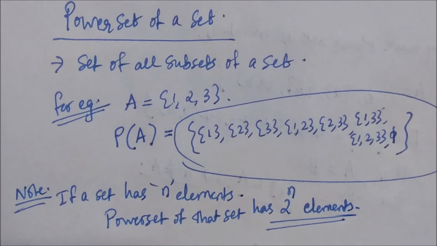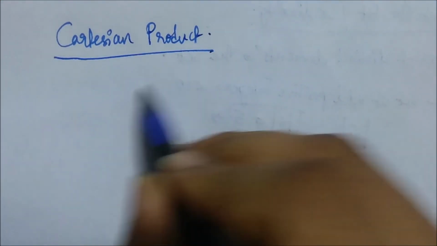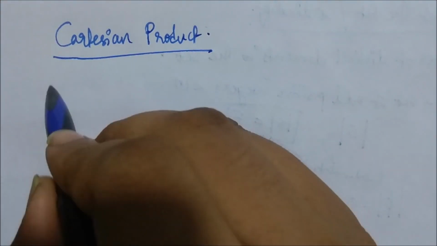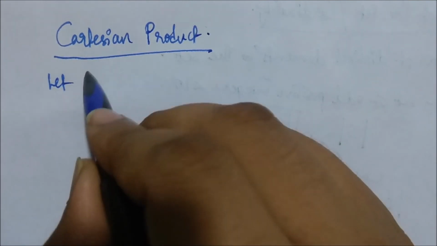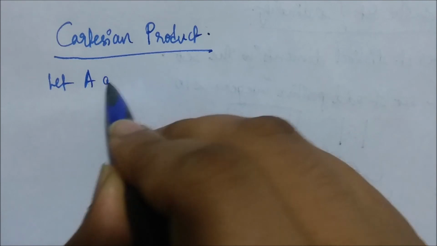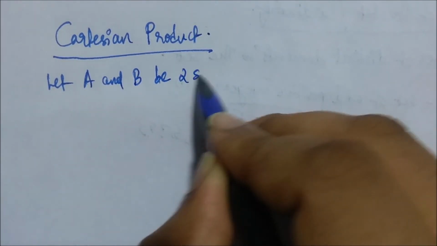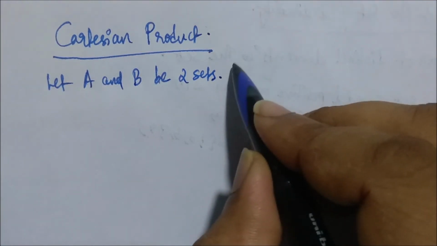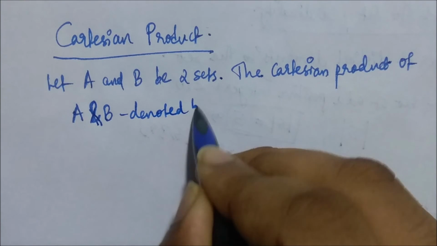Now look at what is a Cartesian product. Alright, so far we have seen only unordered collections, right? Now a set is a discrete structure which is an unordered collection of objects. Now here Cartesian product means that, suppose we have two sets A and B. The Cartesian product of A and B, denoted by A cross B, is a set of all ordered pairs.